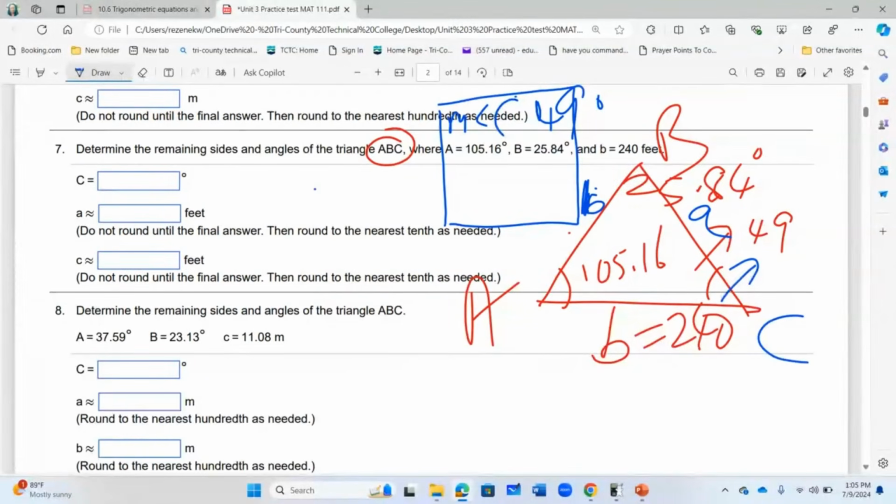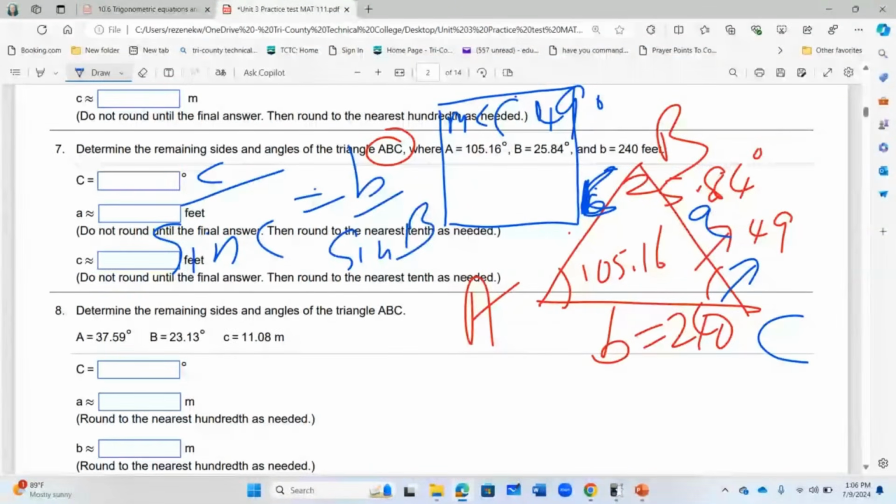The next thing I want to find is the measure of side C. So C over sine C is equal to B over sine B, and I don't have C. So I have C over sine 49 degrees equal to B, which is 240, given to me, over sine B, sine 25.84.